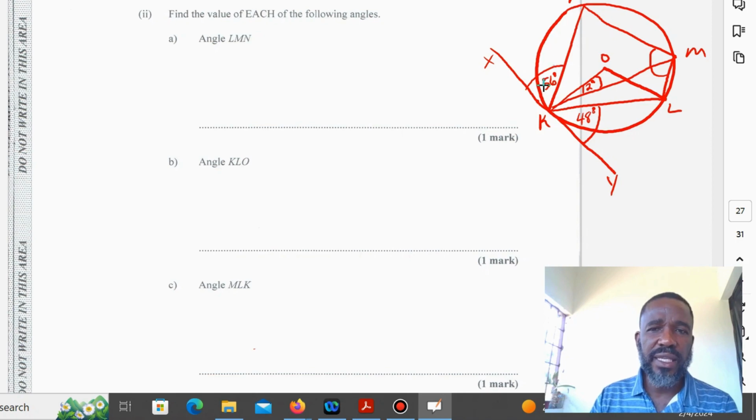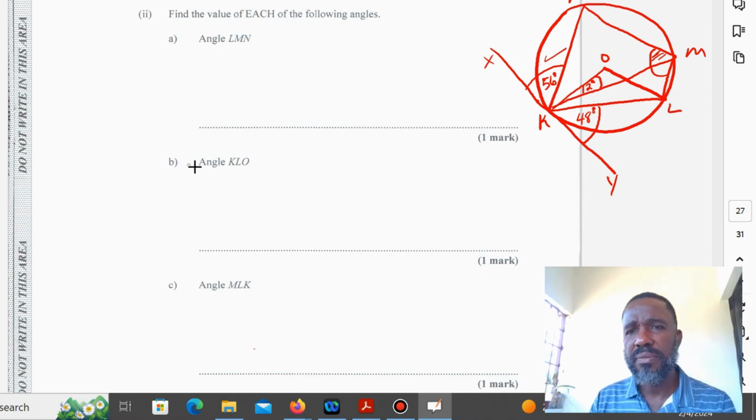And the rule says that the angle between the tangent and the chord is equal to the angle in the alternate segment subtended from that same chord. So this angle here is going to be equal to that angle.